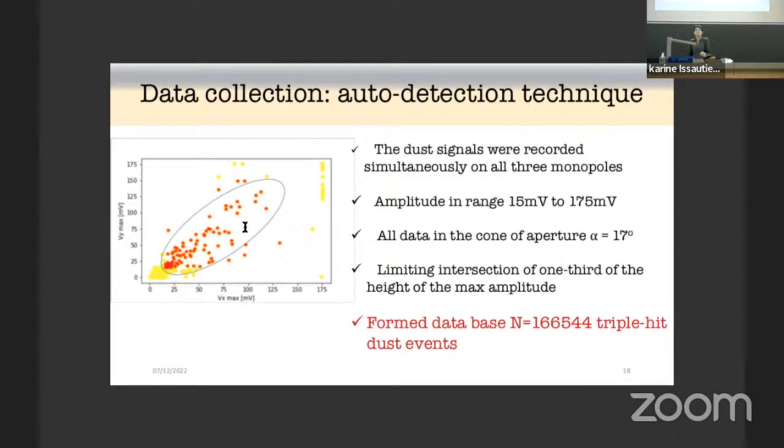They are events that are measured by both antennas at almost the same time. So in 3D, we decided that they should be in some kind of cone, and we defined the aperture of the cone as 70 degrees.